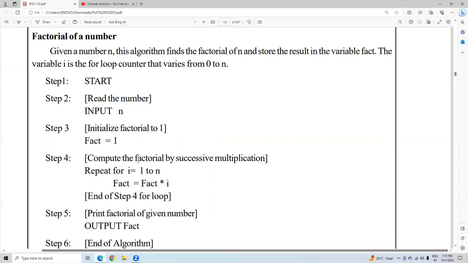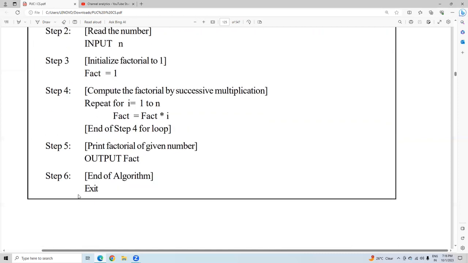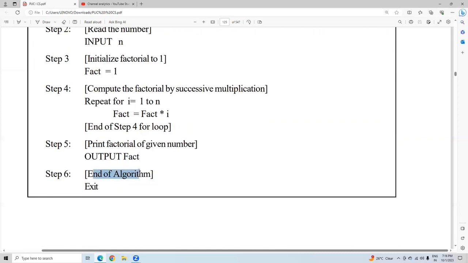Here, for I equal to 1 to n, that I successively multiplies its value with the value of fact. Then the final value will be stored into fact, and later on that fact is printed.